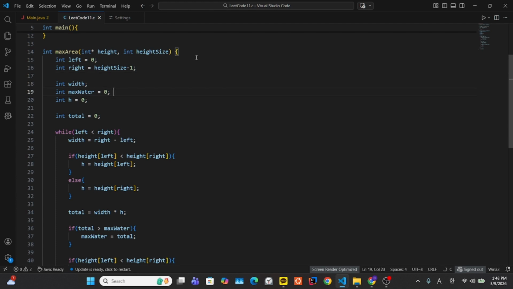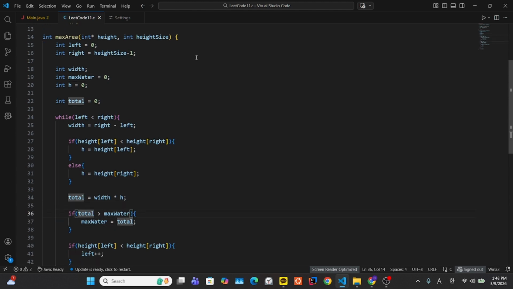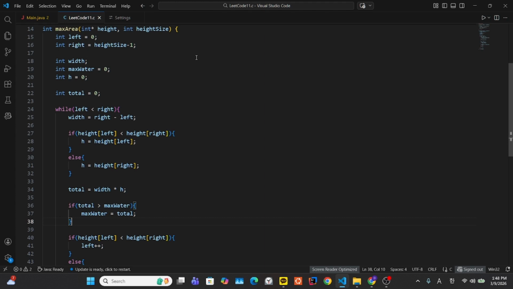We have our width, we have our max water, and h. So while left is smaller than right, we have our width. And if height left is smaller than height right, we put our h as height left, and else h as height right. And the total is obviously going to be width multiplied by height. And if our total is bigger than our max water, we want that value to be our max water, obviously.